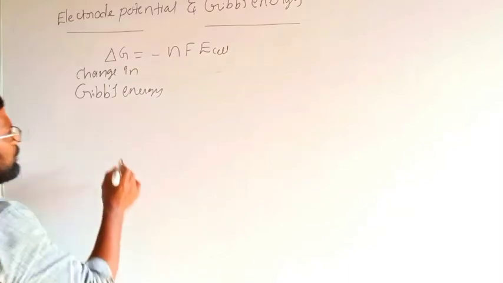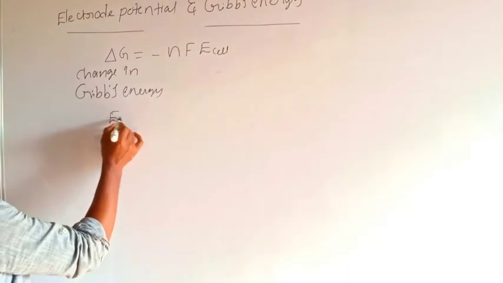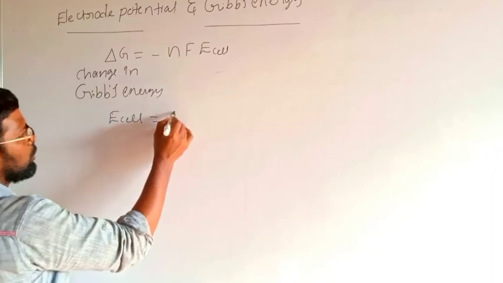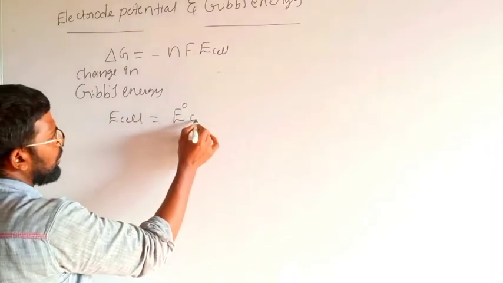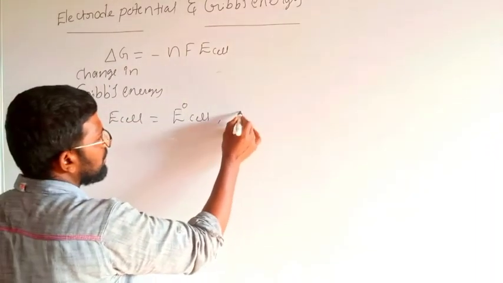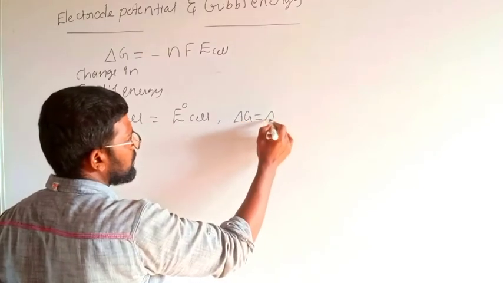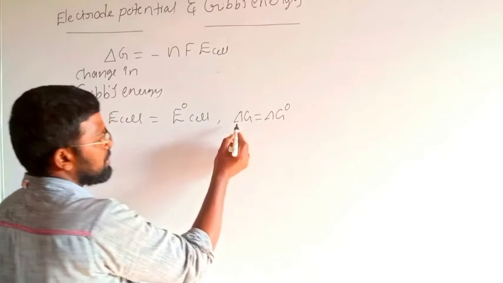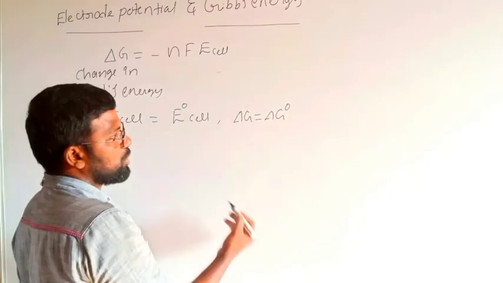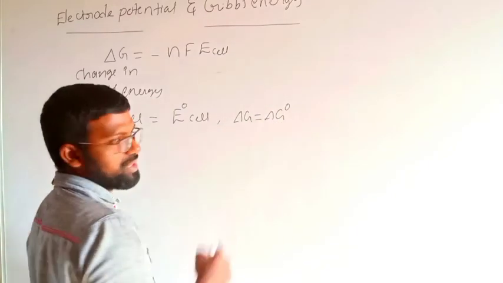But when the electrode potential of the cell becomes equal to the standard electrode potential of the cell, then delta G becomes equal to delta G naught. That means the change in Gibbs energy becomes equal to the standard change in Gibbs energy.